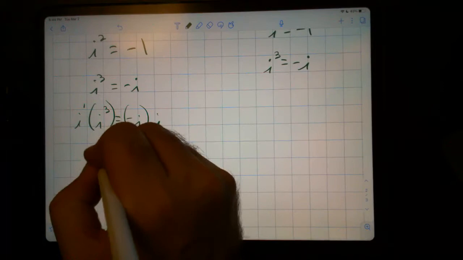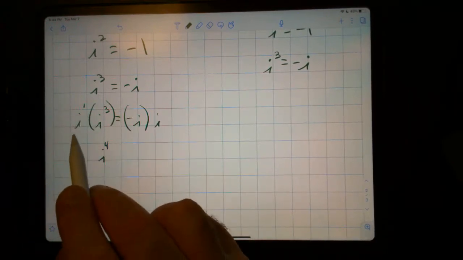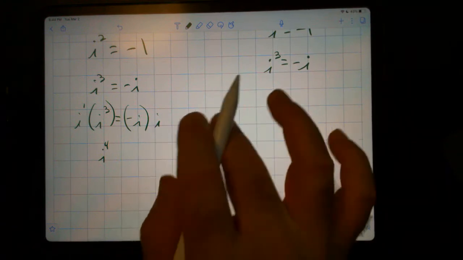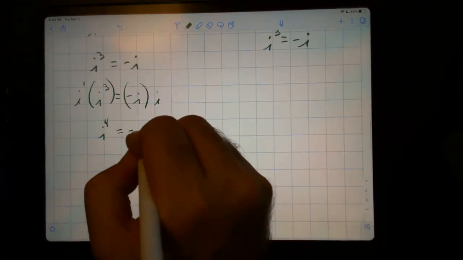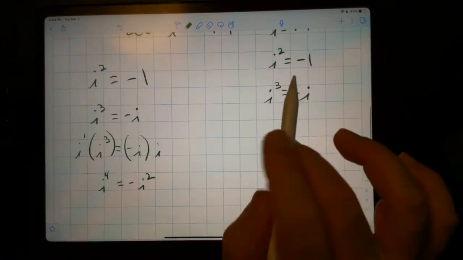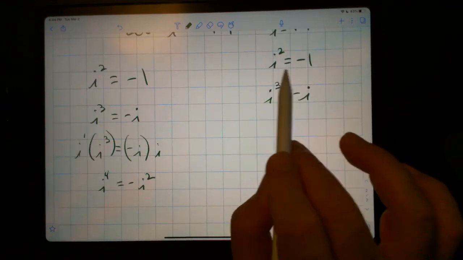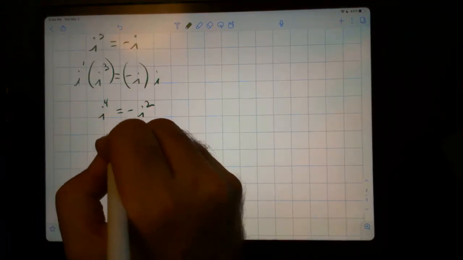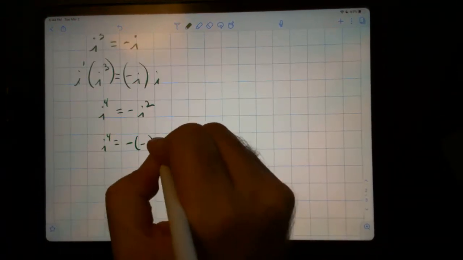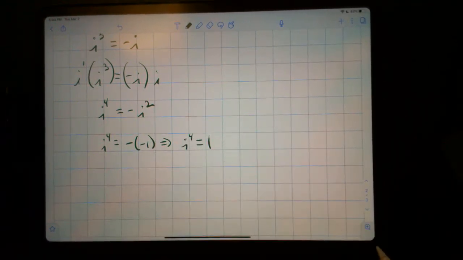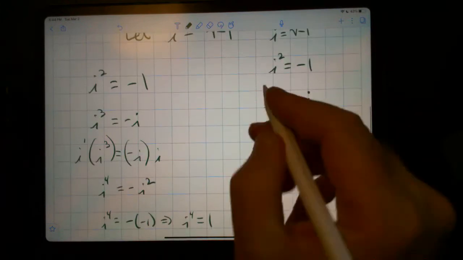So this would give you i to the fourth on the left-hand side. On the right-hand side, -i times i gives you -i squared. But we said over here that i squared is -1. So this tells us that i to the fourth is equal to +1. Put this over here as well.